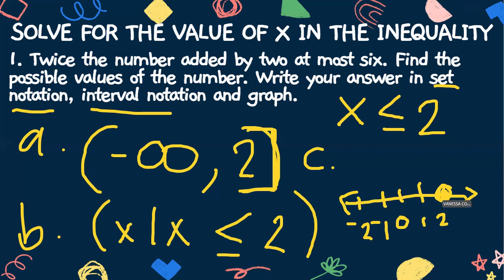Papunta sa less than, less than equal, papunta saan? Papunta sa kaliwa. Ito yung ating graph. Ito yung shaded 2, and then papunta siya sa kaliwa. Okay. So, that is solid. So, that is our graph.